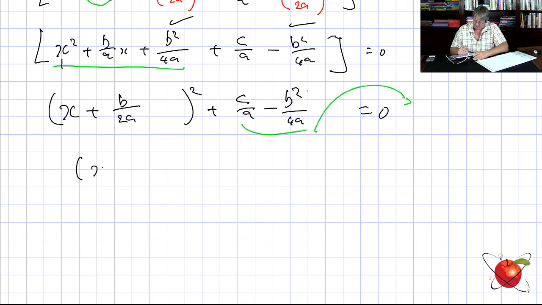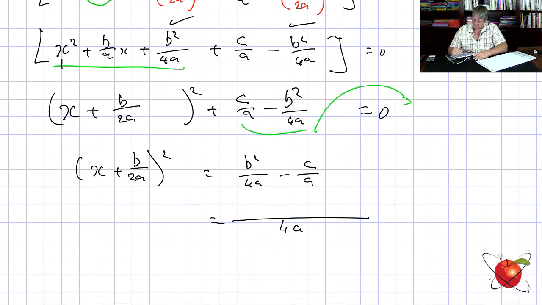So we end up with x plus b over 2a all squared equal to b squared over 4a minus c over a. And we add those, or we subtract them. Lowest common denominator: that's 4a squared there.